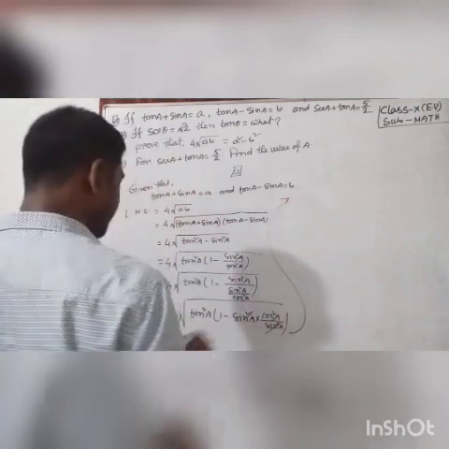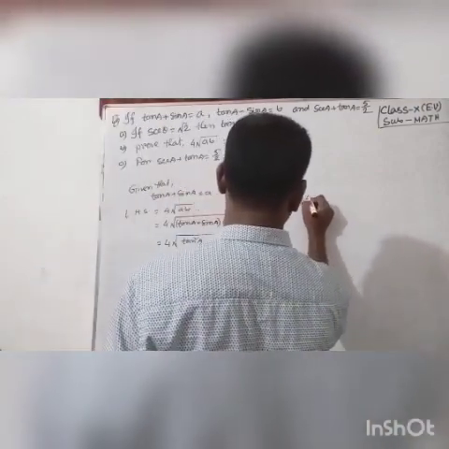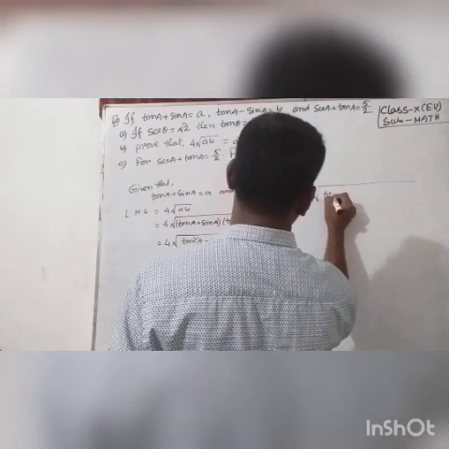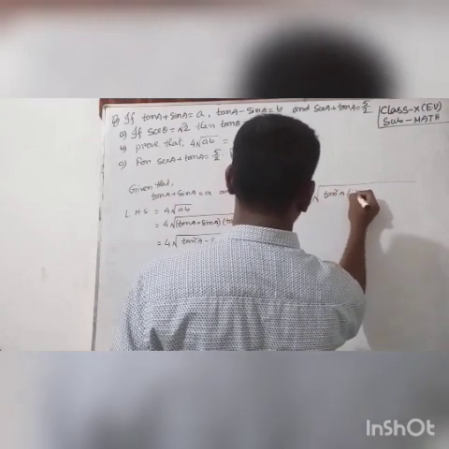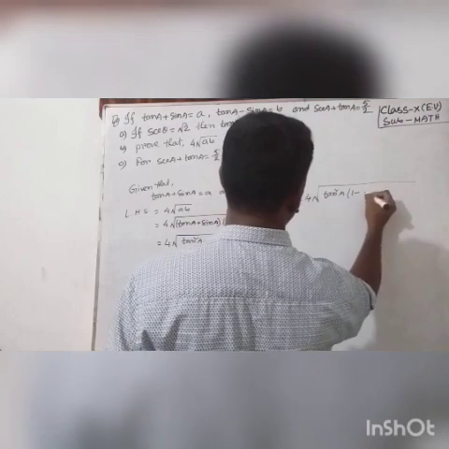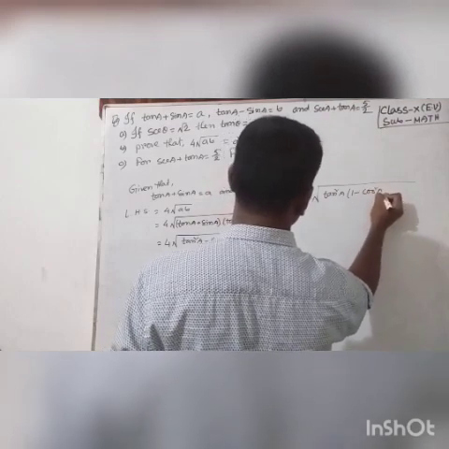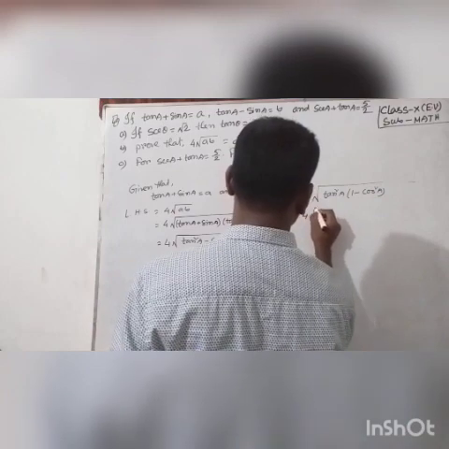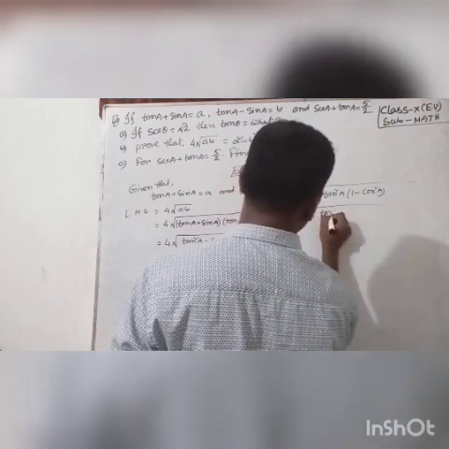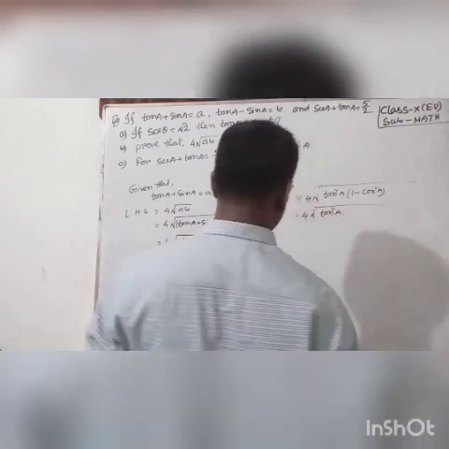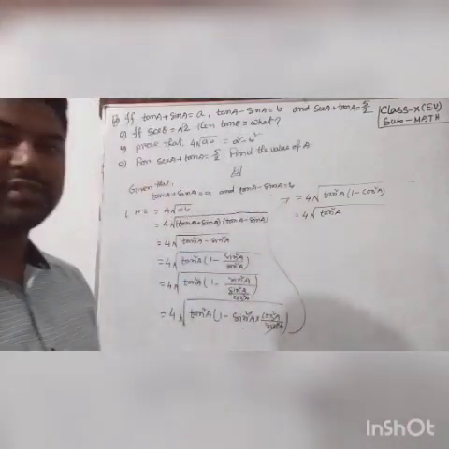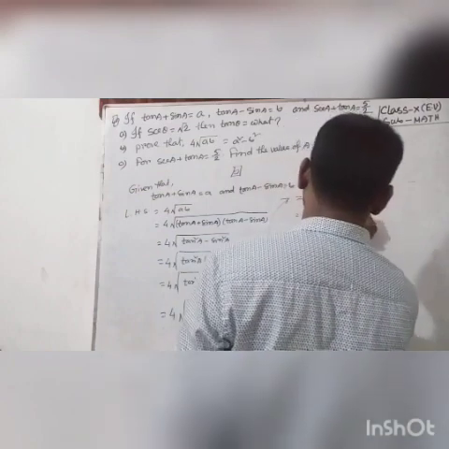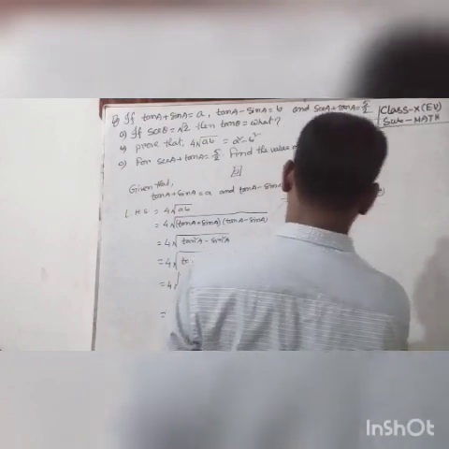Now we can write 4 root over tan square a, 1 minus cos square a. We know 1 minus cos square a equals sin square a, so we can write sin square a.